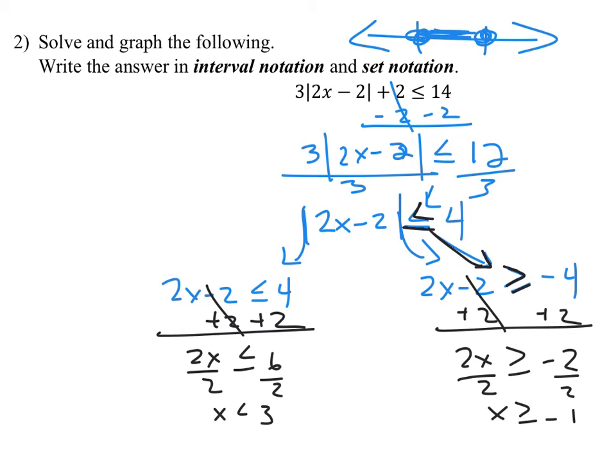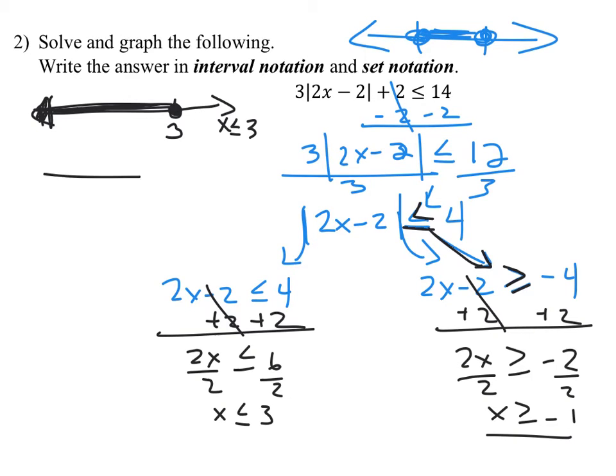So the graph, if we take each one separately, I'm going to take this one, X is less than, or less than or equal to, sorry, I always lose that at some point. Less than or equal to 3. If you do this one, you color in the circle, it's this. X is greater than or equal to negative 1 looks like this.